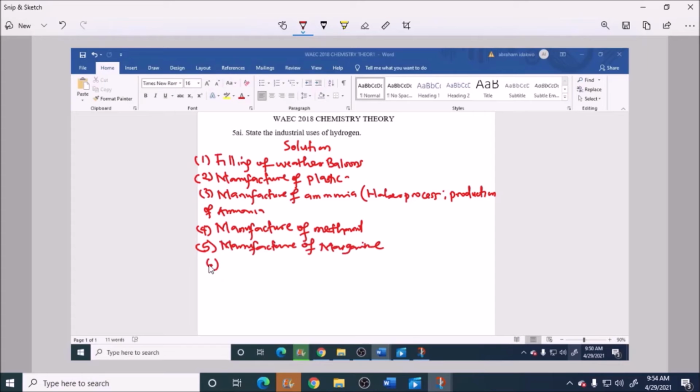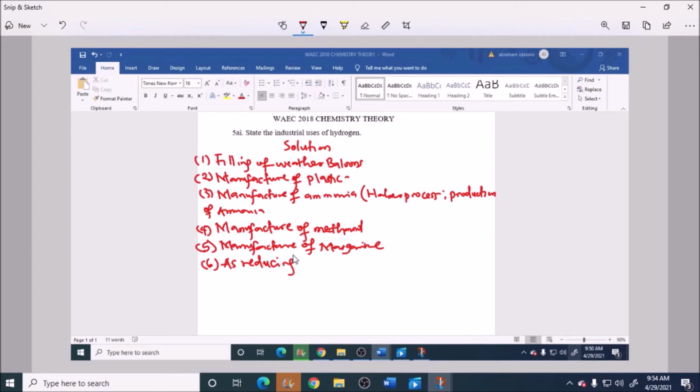Then number six, it is also used as a reducing agent. So hydrogen is used as a reducing agent. And don't forget that we can define redox, oxidation and reduction in terms of hydrogen.